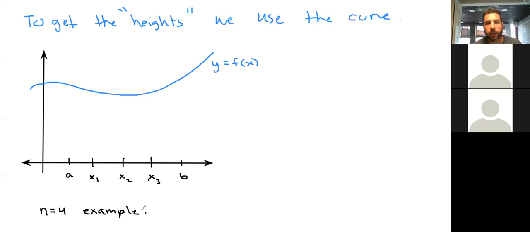So what I want to do now to construct rectangles is the following. In each interval, what does each interval look like? They have this form.